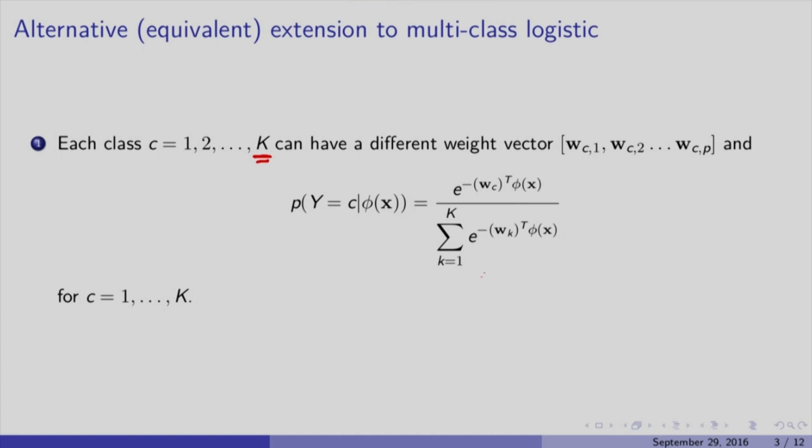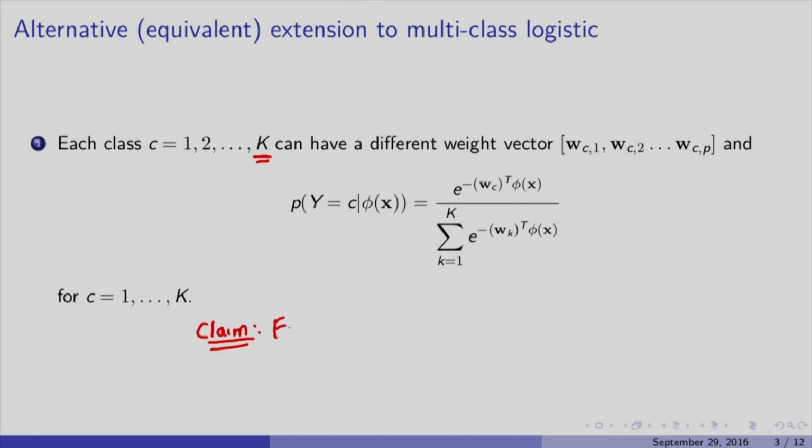The term is almost the same as before, except that for the kth class we do not have a 0 weight vector, and therefore the factor 1 has disappeared. Now I claim that the probability distribution provided by this new equivalent extension is the same as the probability distribution provided using the previous formulation.